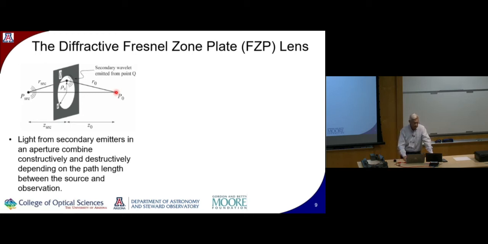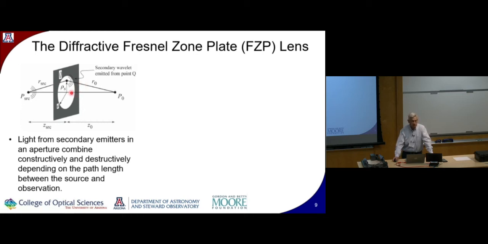Okay, now we're going to do something. We realize that the constructive and destructive interference properties depend on the path lengths from the source through the aperture secondary emitter and to the observation point. So we can make a map in this aperture of which emitters are constructively interfering and which are destructively interfering.